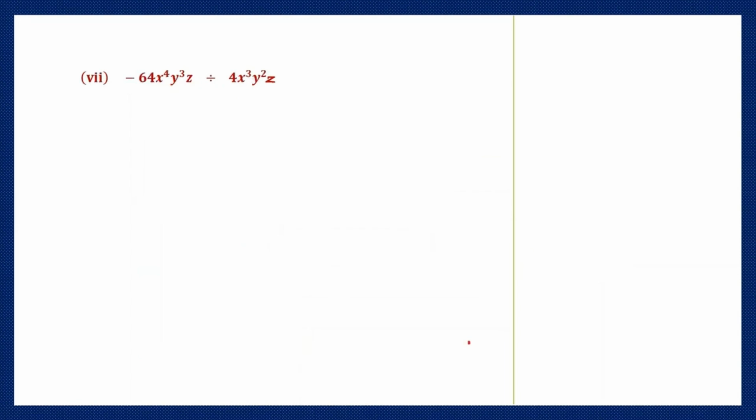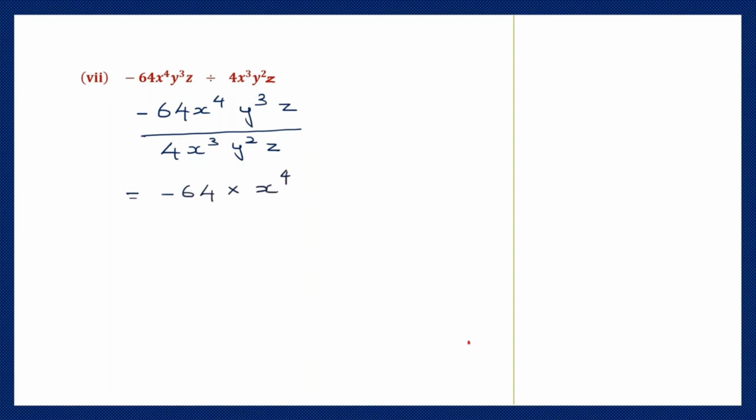Question 7. Here we have minus 64. Let's write that down. Minus 64 x to the power of 4 y to the power of 3 and z divided by 4 x to the power of 3 y to the power of 2 and z. So that becomes minus 64 into x to the power of 4 minus 3 into y to the power of 3.